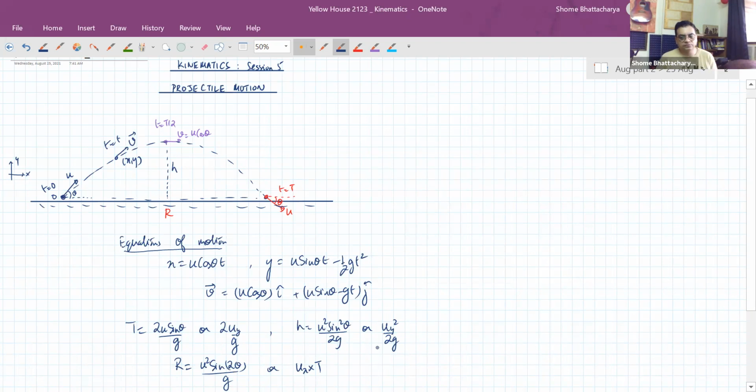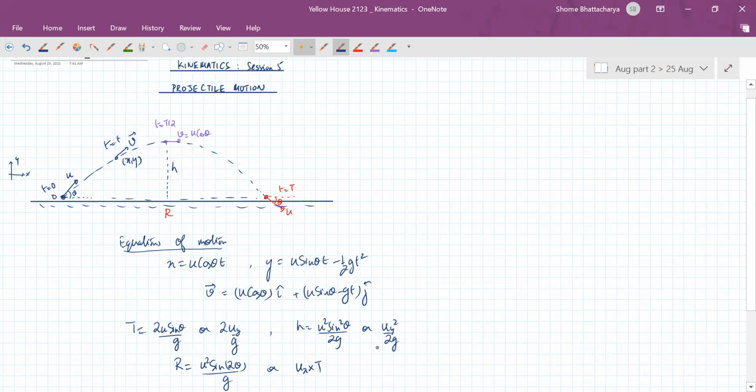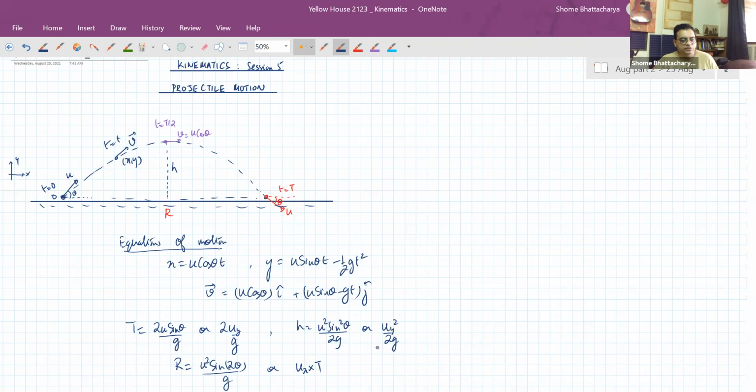However, there was also something called the equation of trajectory, which we will discuss next. Today we will start by understanding the application of the equation of trajectory in certain types of questions.